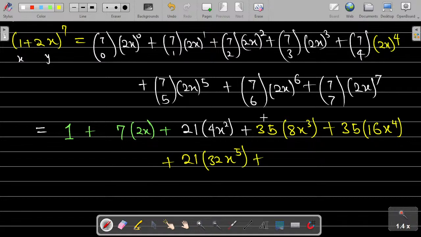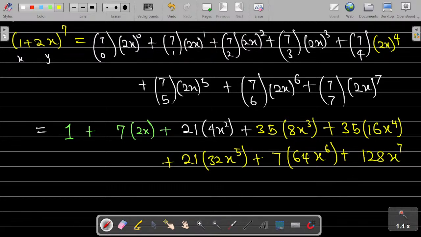Plus this one, 7 combination 6 is equal to 7 combination 1, and I said that is equal to 7, and that is into 2 raised to the power 6, which will give us 64, then times x to the power of 6. And finally, 7 combination 7 is 1, and so you just have 2 raised to the power of 7, which is 128 times x to the power of 7.